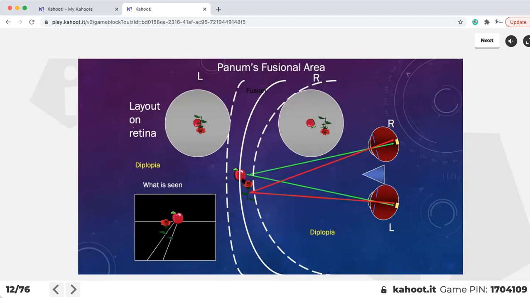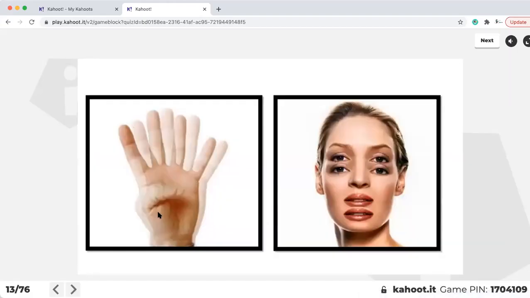But if objects are in the vertical or closely in the vertical meridian, or they are above or below each other, this will not produce good stereopsis. And we said before in the binocular vision, this example, when you see this hand, it will not be very annoying to you because your brain can fuse the fingers that are horizontally displaced a little bit, making them not very confusing, as this can stimulate non-corresponding retinal points in the horizontal plane at the Panum's fusional area.